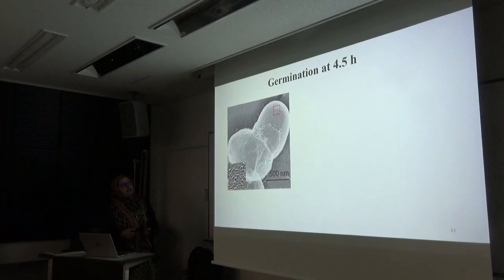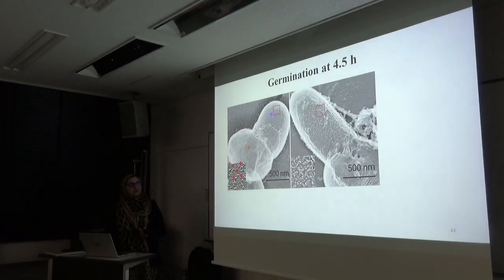This is a rodlet layer, and this is the new cell. The brown static indicates the rodlet layer, and the purple static indicates the vegetative new nascent cell. And there is some knob-like structure on the surface of the vegetative layer. But as the cell grew longer, we could see that there is a structural change on the surface of the nascent vegetative cell.